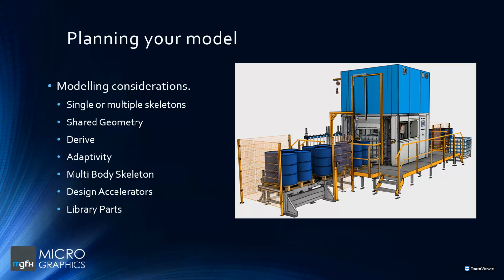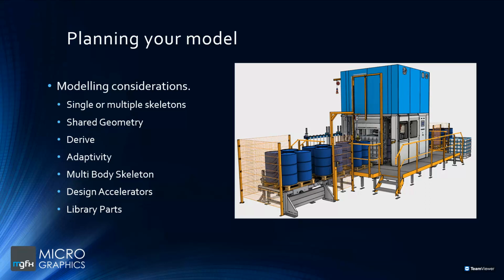Or would you rather break that up into multiple sections? Maybe the conveyor belt as a single skeleton file, the platform as another skeleton file, but from there, have shared geometry. Create a single skeleton that maybe has the overall layout, and then from there derive what you need into a separate skeleton file for, let's say, the conveyor belt, and then make that file more complex. So you take that into consideration.